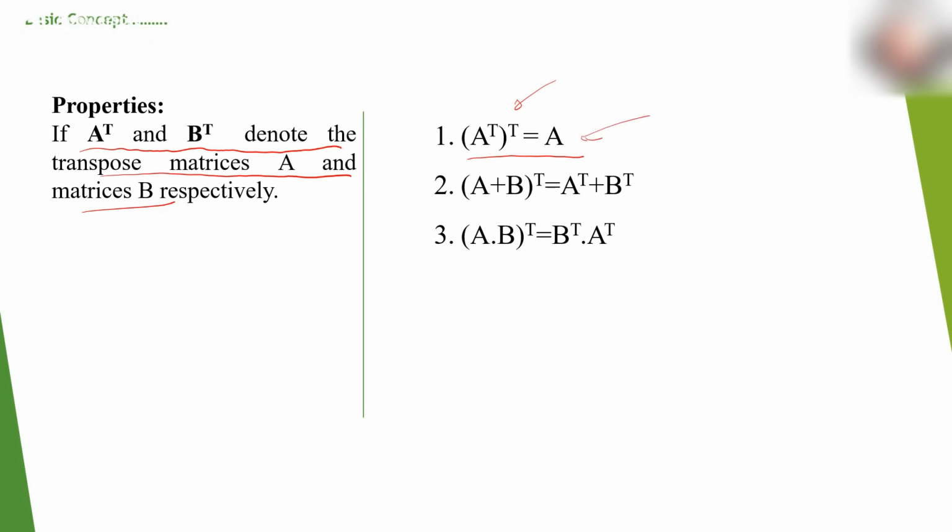And if we take the two matrices A plus B and take the transpose, then we obtain the transpose of matrix A plus the transpose of matrix B. And in a similar way, if we take the product A into B and take the transpose of this matrix, we obtain B transpose into A transpose. This is due to the reversal law.